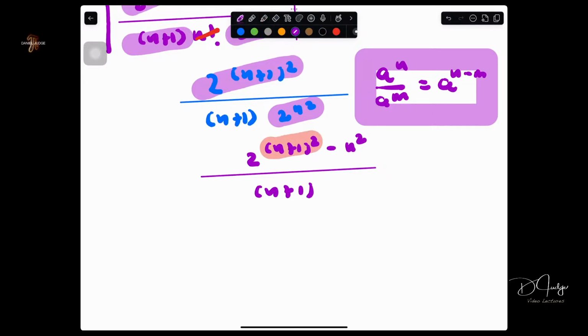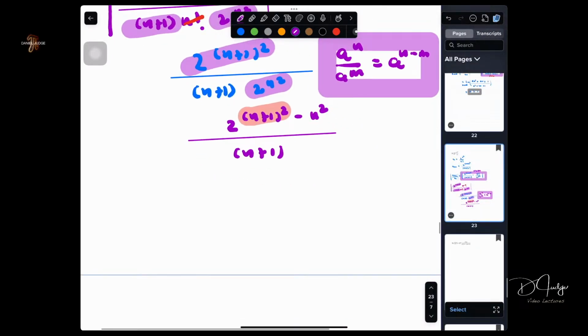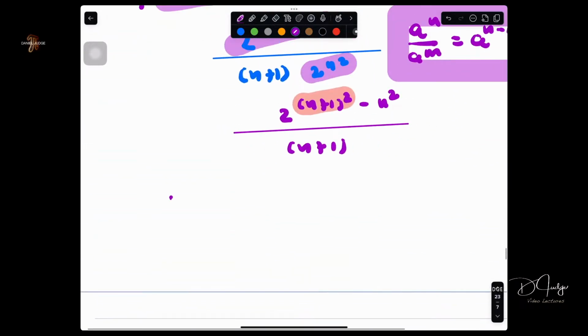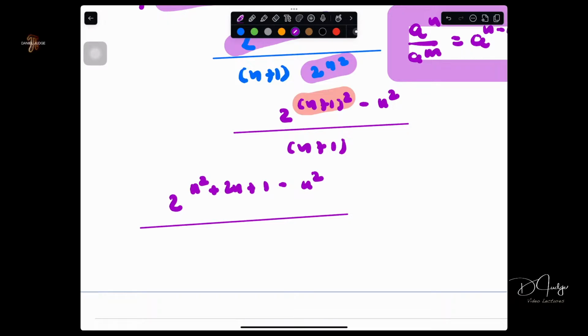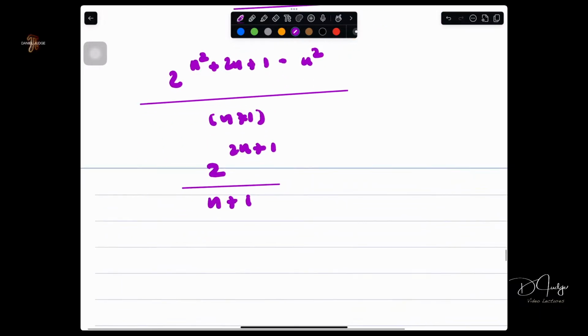So n plus 1 squared, all right. 2 to the n squared plus 2n plus 1 minus n squared over n plus 1 now. So you're going to get 2 to the 2n plus 1 over n plus 1.